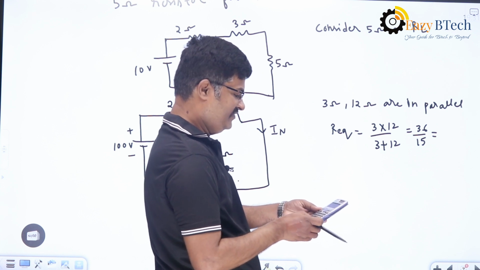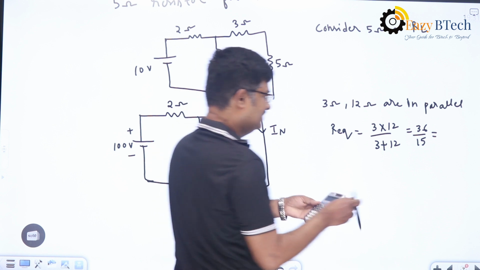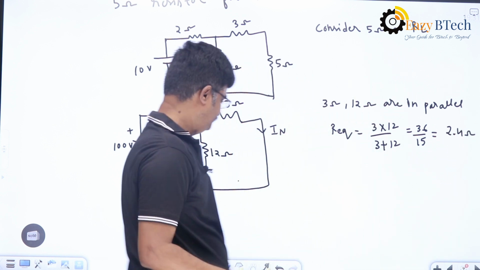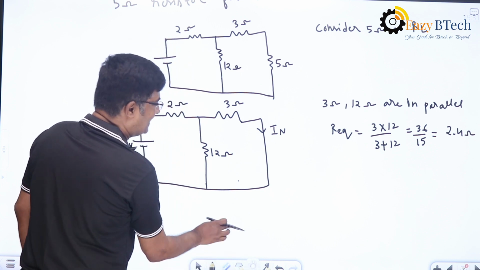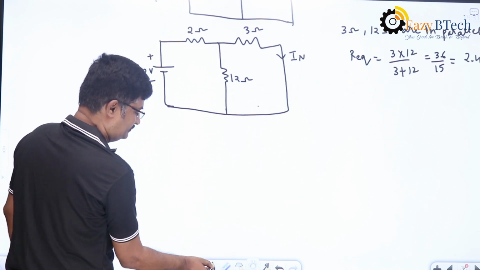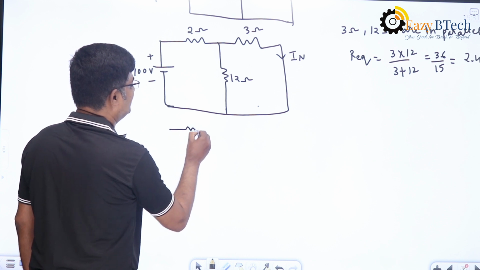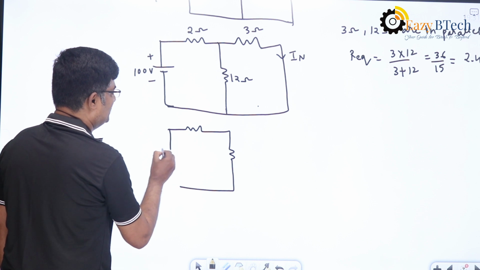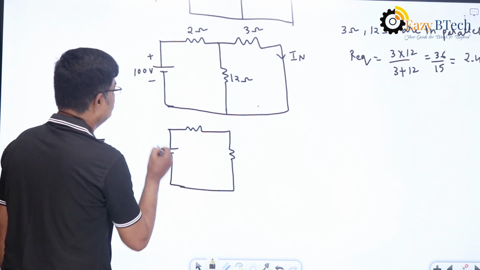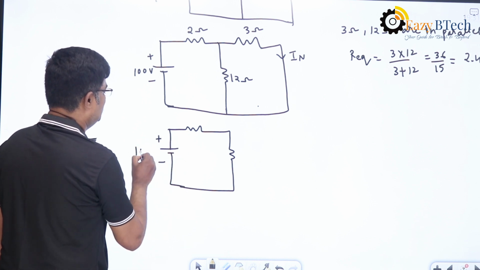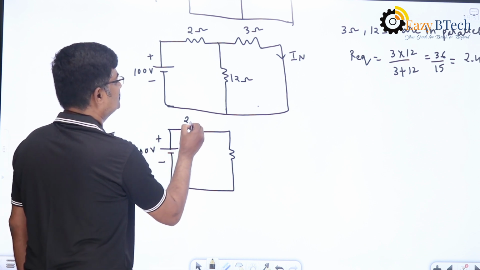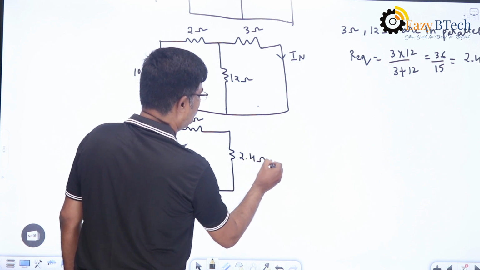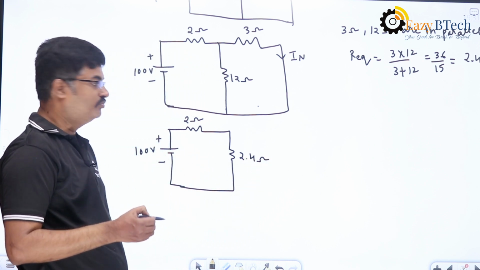36 divided by 15, I am getting my equivalent here as 2.4 ohm. Now further I can reduce the circuit. I have reduced my circuit as, so this is the current which I am having, 100 volts, this is 2 ohm and here this is equal to 2.4 ohm.